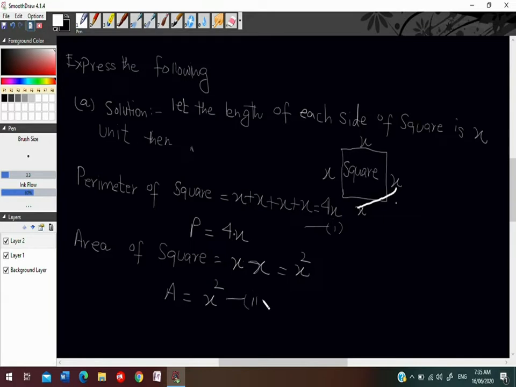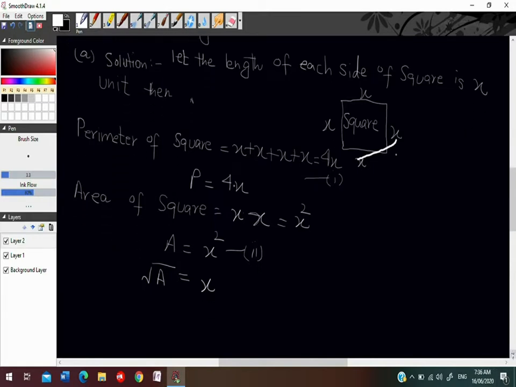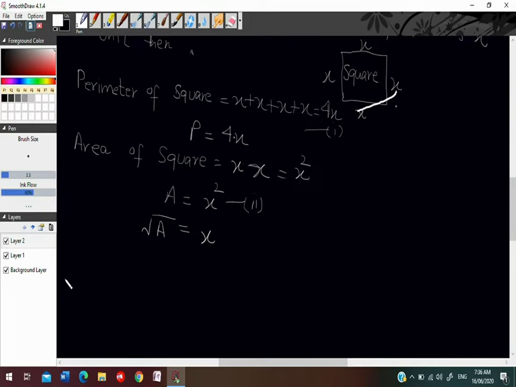Now we can use this value of x. If we write it like this, under root A is equals to x. So in this equation, x shows its value and we can show this value of x in equation number 1. This is our equation number 1 and this is the value of x. So what we do?